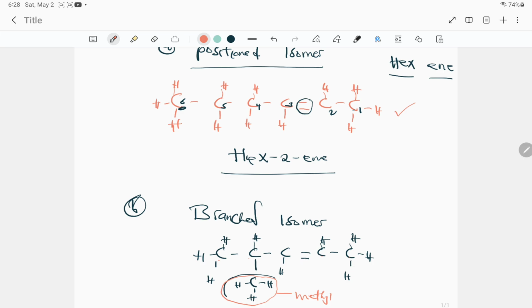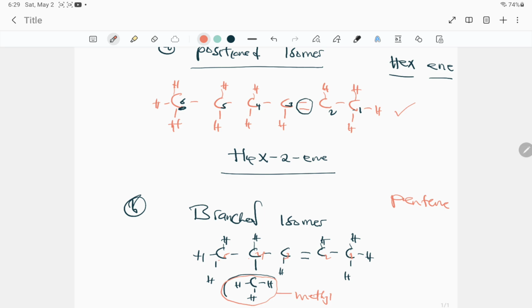Because of a double bond, we know that the parent name now is pentene. That's a parent name. Then we need to add something. In terms of numbering, we know that we have 1, 2, 3, 4, 5. The reason why we have started from here is because this carbon is closer to the double bond.